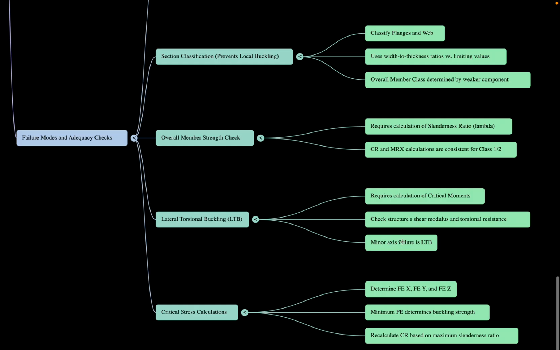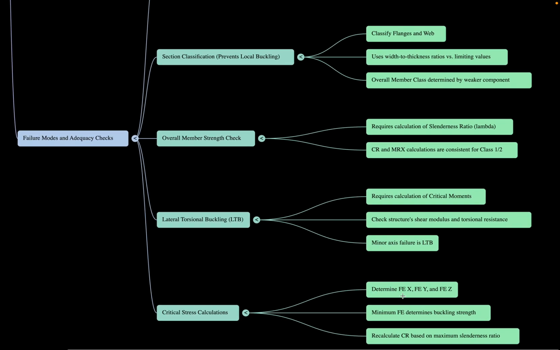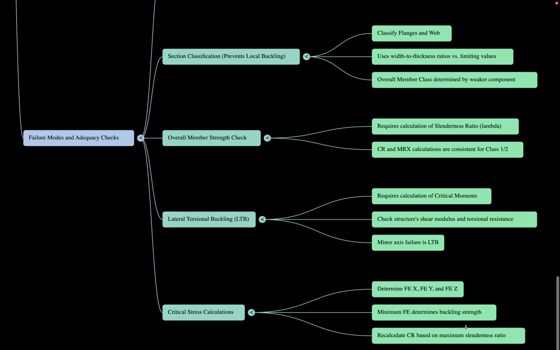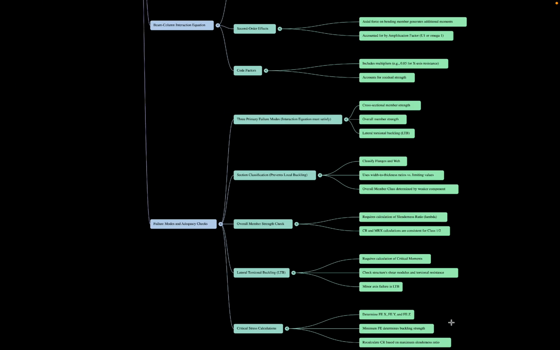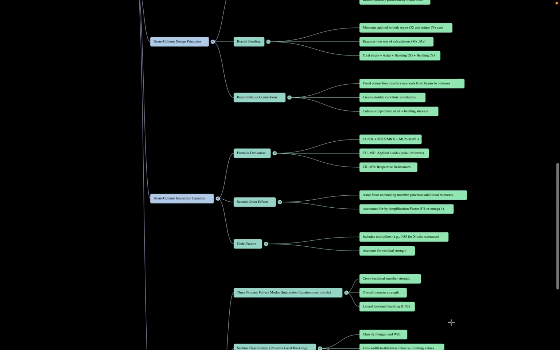A minor axis failure is lateral torsional buckling, and the critical stress must be calculated so that you can determine your Euler buckling strength by the weaker axis. Then you use that minimum Fe to determine buckling strength, and then you recalculate Cr based on the maximum slenderness ratio, and therefore you will be done designing the beam column.